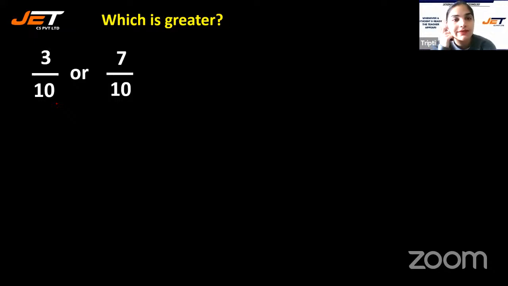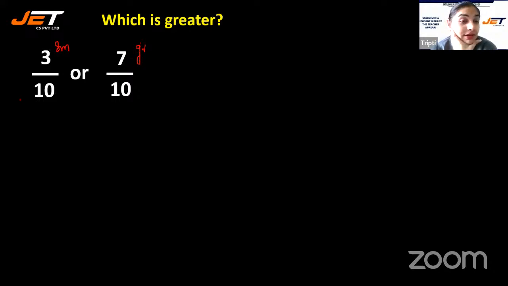3 by 10 or 7 by 10, which one is greater? Easy peasy. Can be clearly seen, isn't it? So here, 3 by 10, 7 by 10, 3 is smaller and 7 is greater.